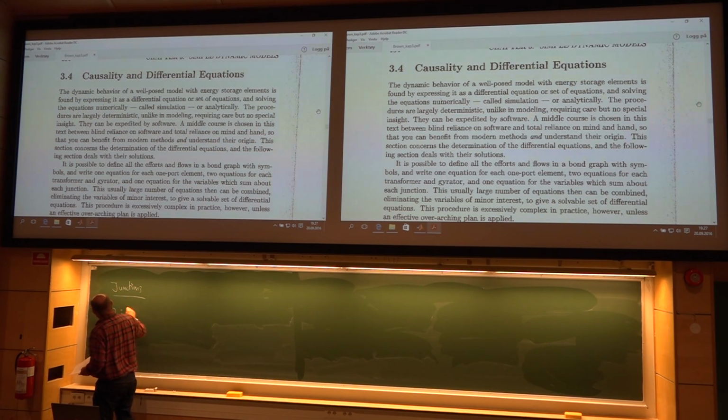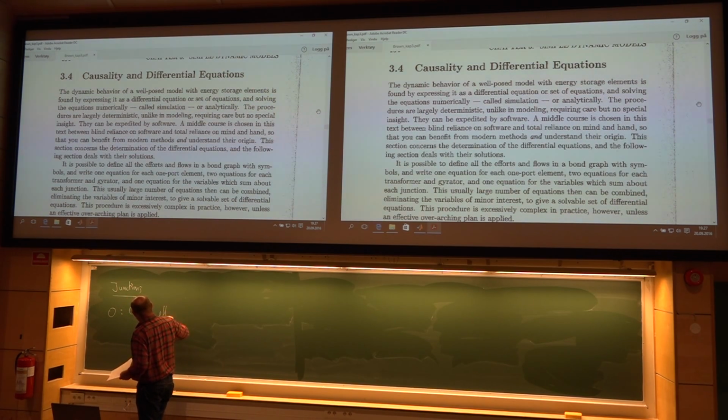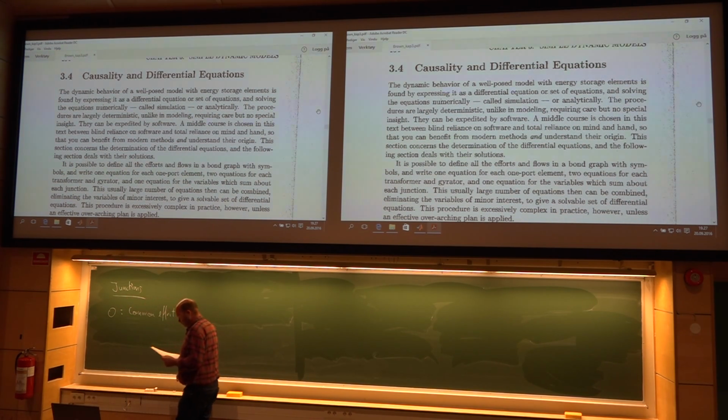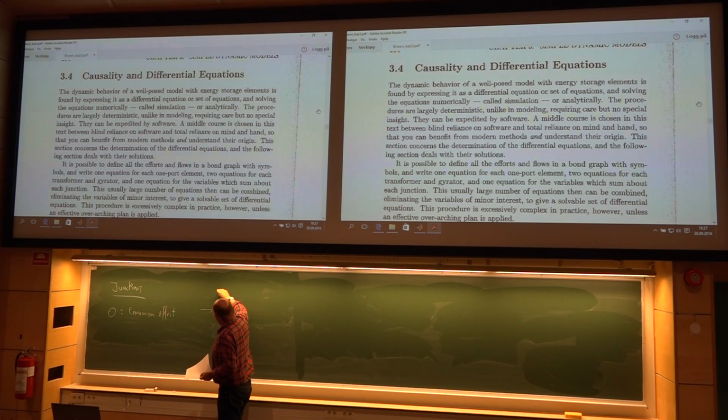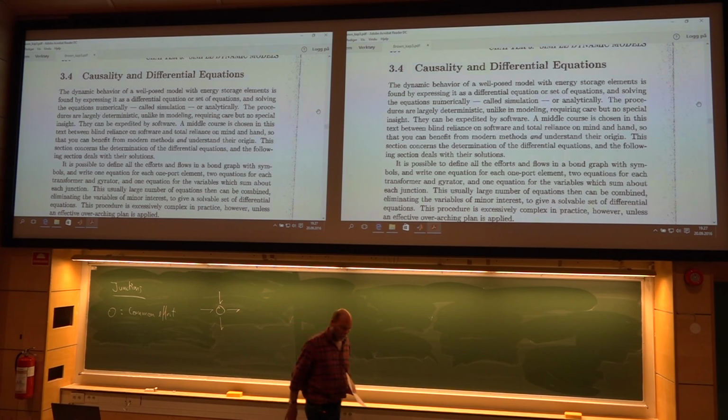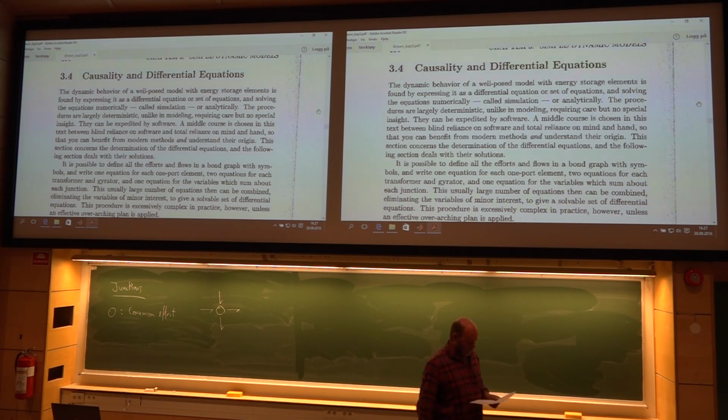A zero junction, that was common effort. So here I have a zero junction, and then say a couple of arrows going in and then a couple of arrows going out, for instance. Something like that.